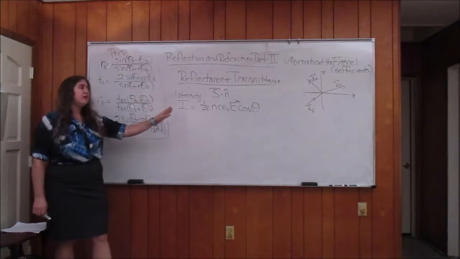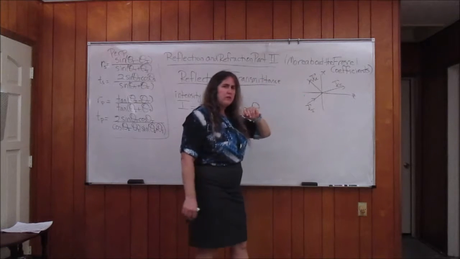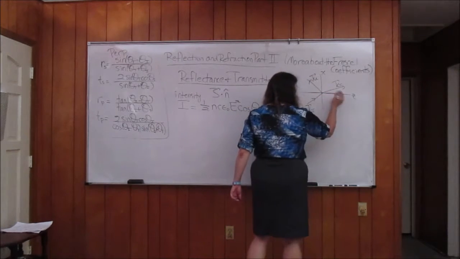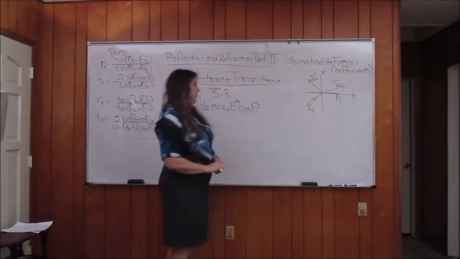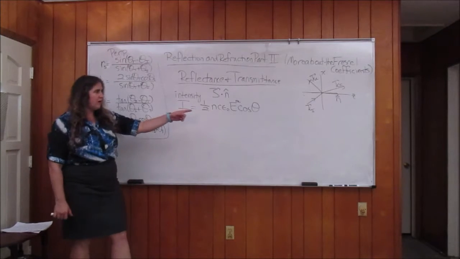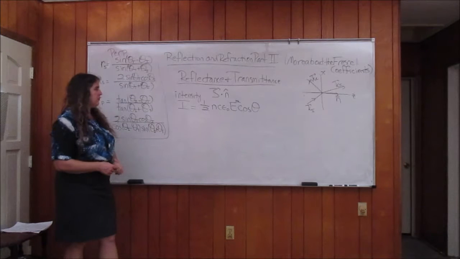The reason the cosine is there is that we have our incident, reflected, and transmitted waves, and they're all at an angle with respect to the normal. How do you define the angle of incidence? Well, it's the dot product of the wave vector with the normal. That's where the cosine theta comes from.